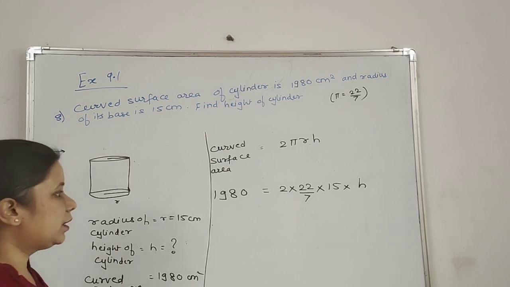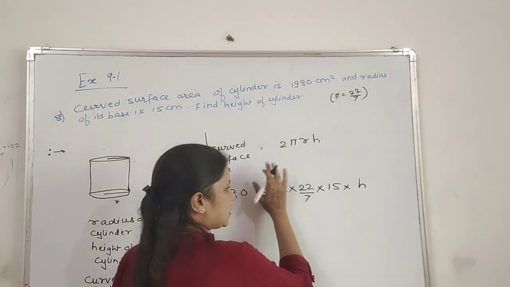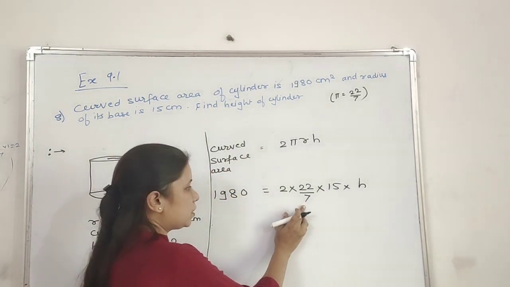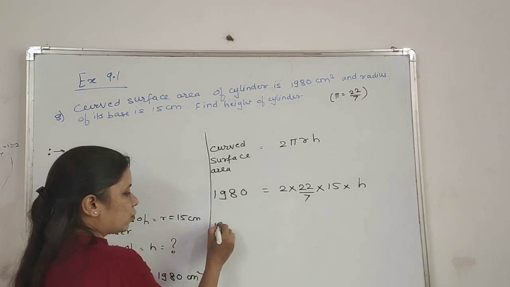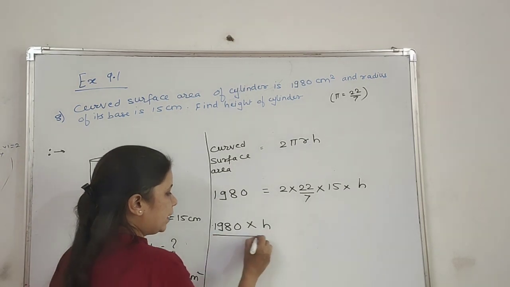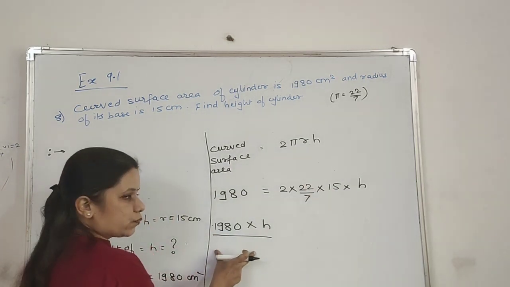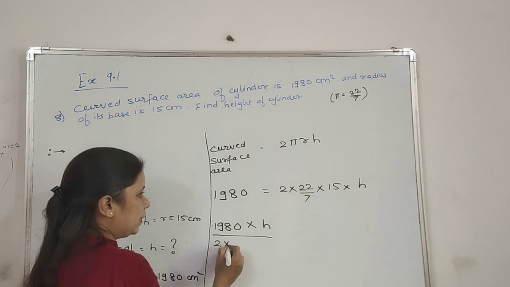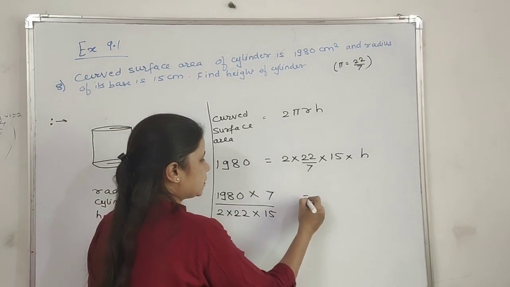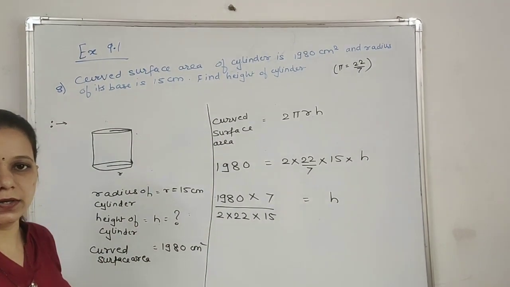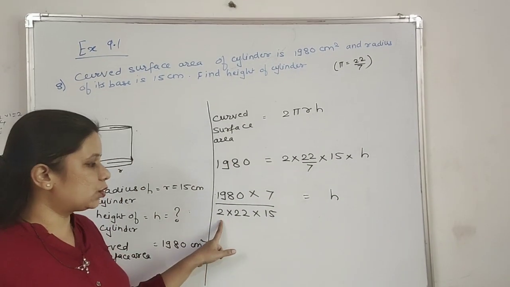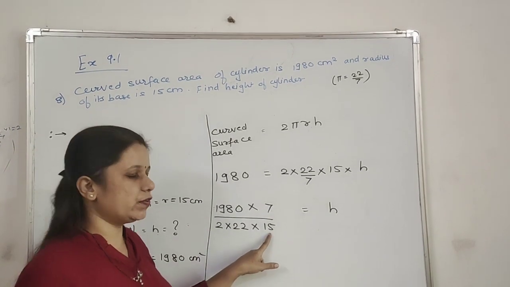Okay. So now here the calculation part is very simple. We will keep h here as it is. This 7 which is in the denominator will go up. So 1980 into 7 divided by these three quantities, 2 into 22 into 15, is equal to h. By mistake I had written h there. So h is equal to 1980 into 7 divided by 2 into 22 into 15.